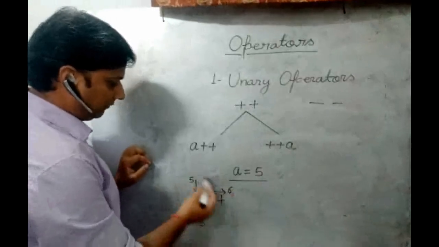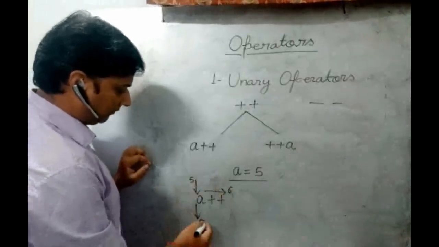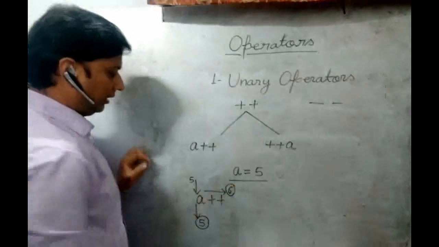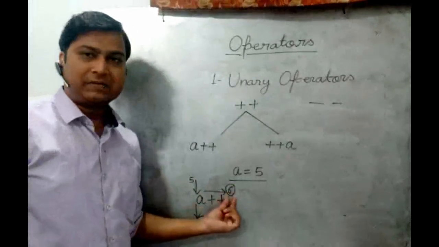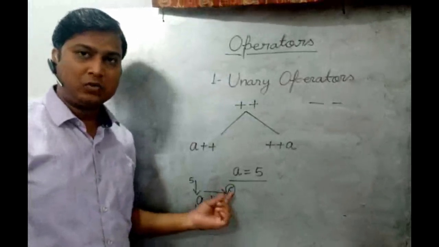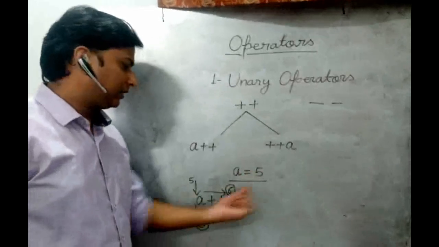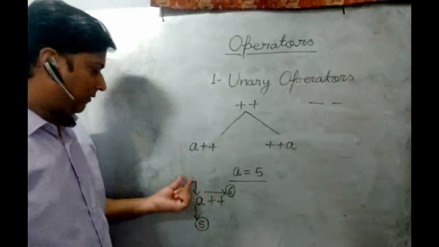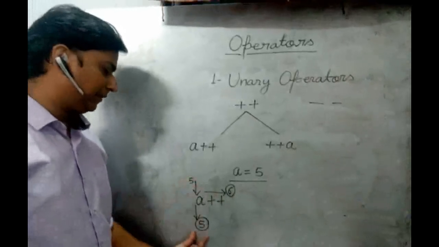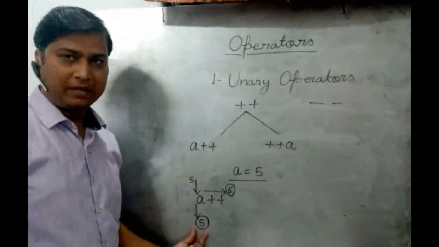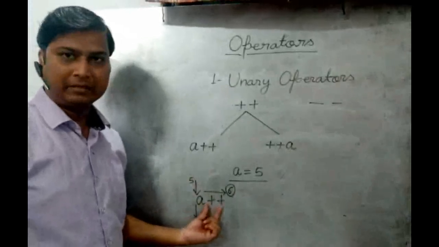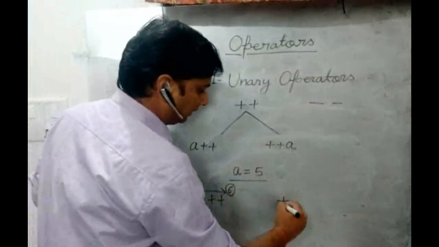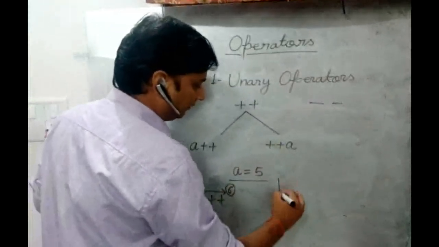It means whenever we solve post-increment, the final result will be 5, and the increased value we will use further in the expression, but here the result is 5. So we give the input 5 and we find the same value as the answer in post-increment.